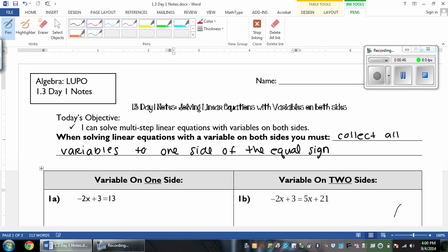And you do this by using inverse operations. Remember SAD math, inverses. Okay? You're going to hear me say, get all the variables to one side. That's what I'm talking about. Collect all the variables, move it to one side of the equal sign.